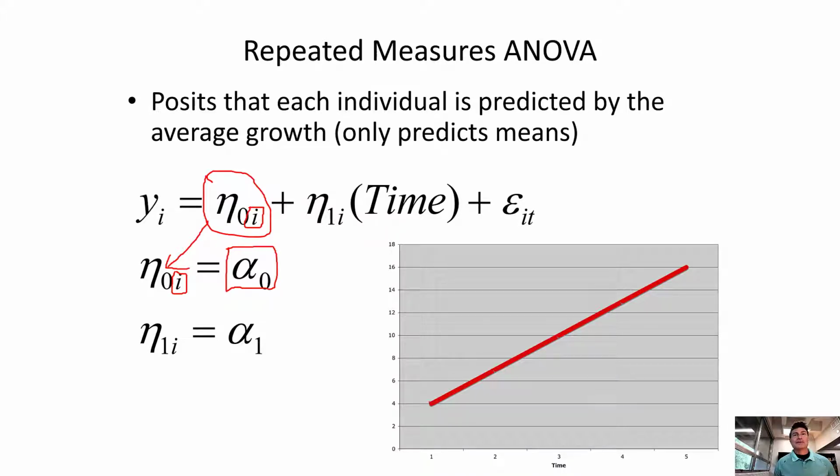A person, let's say child A, their intercept is going to be right here where the average is. Their slope is also individualized, and if I break this down, their slope is the average slope for everybody. So basically each person is said to equal this average trajectory for everybody. And that's where we're throwing away those individual differences. Here in this error term, the individual differences are there.